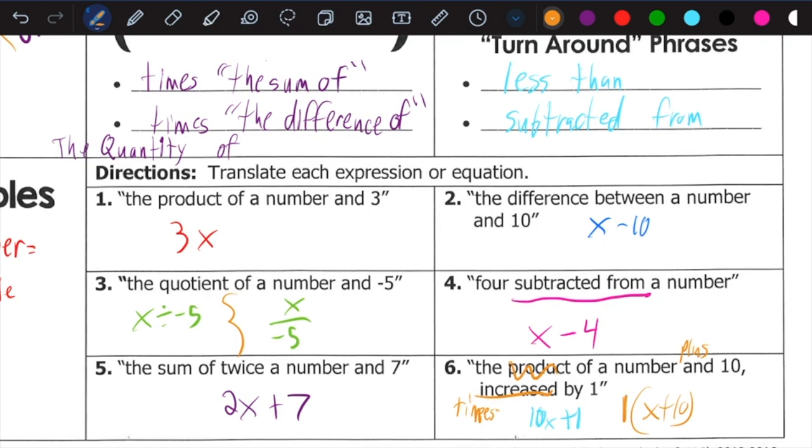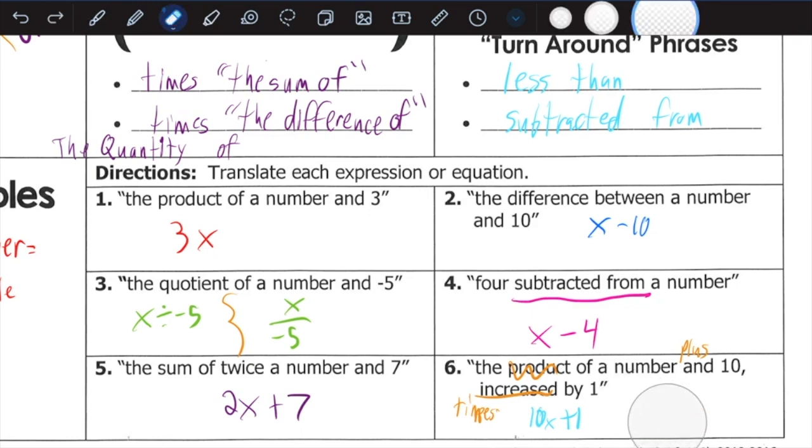We'd have to add first here in this scenario because that comes before the comma. Just like in the English language, the comma means that you pause. So we do the first part. We do a number plus 10 in this scenario where I changed it to plus. We do that first, pause, and then multiply by 1.